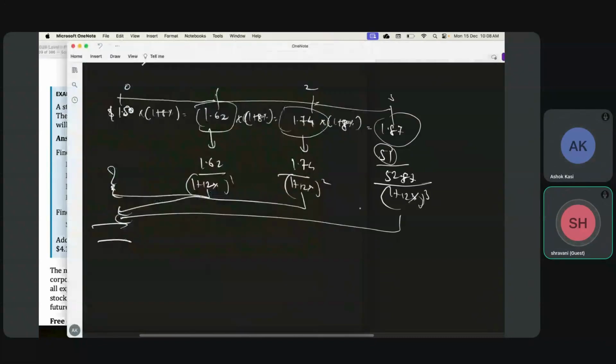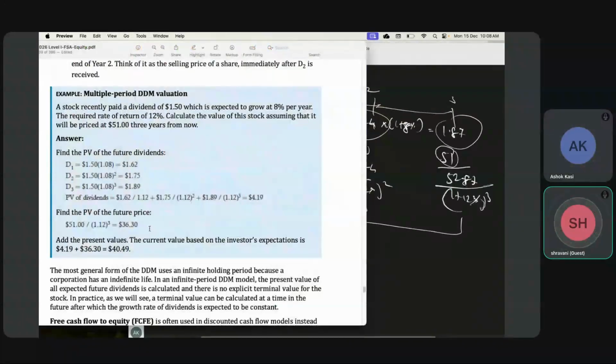Okay, so you are not getting 40.49. What are you getting? 35.82. I'll just try once again.